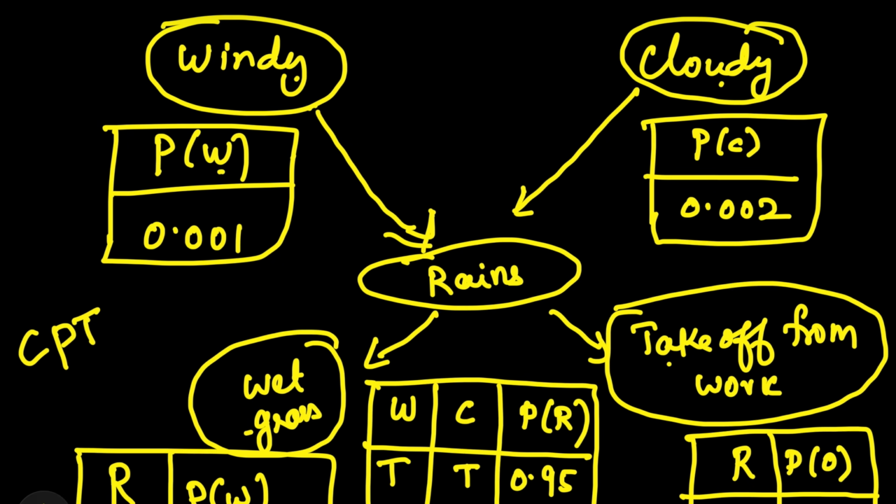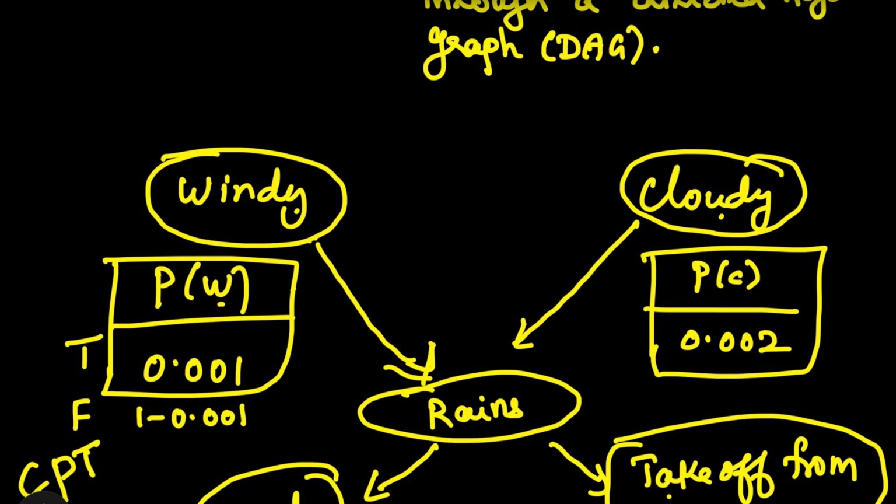This is an assumed probability given based on the training data set, which means it is true. If it is not windy, we calculate it as 1 minus 0.001. Windy doesn't depend on any other variable: it directly points to the other nodes and no other nodes point to windy, so in that case we take the probability of windy alone.